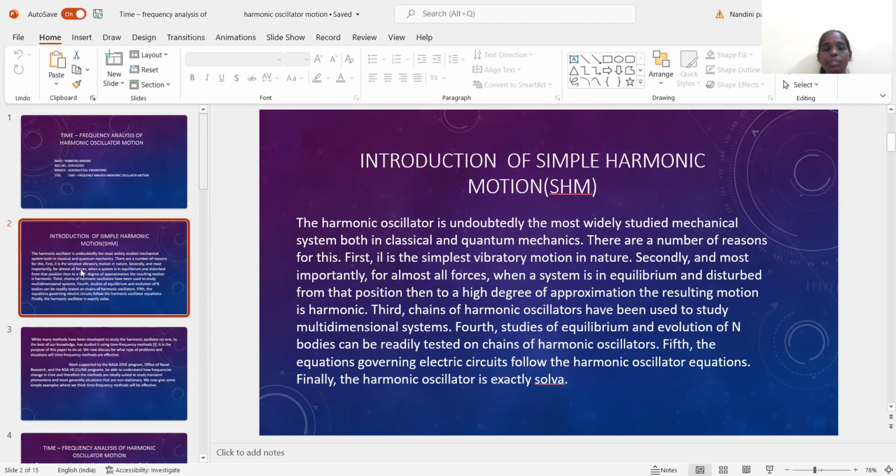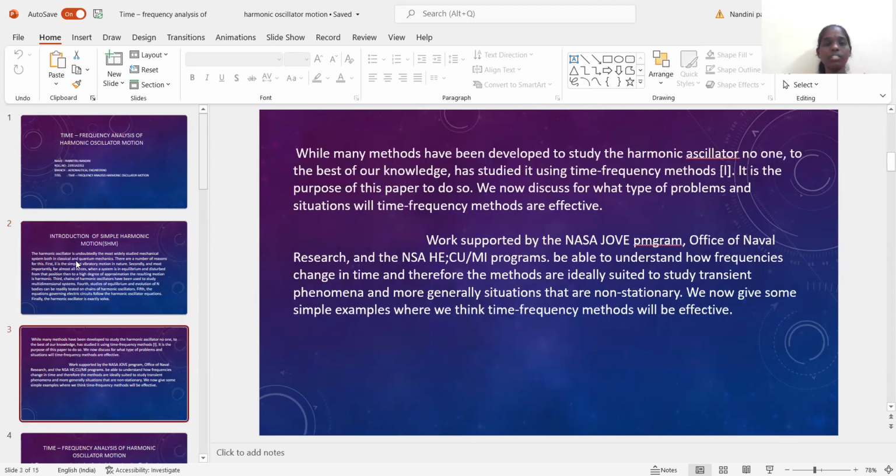Fifth, the equations governing electric circuits follow the harmonic oscillator equations. Finally, the harmonic oscillator is exactly solved.